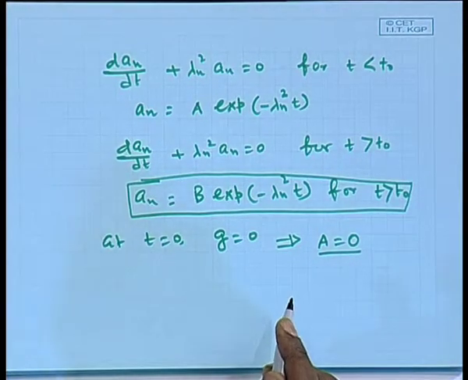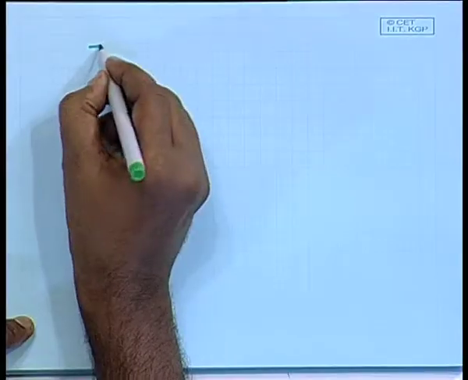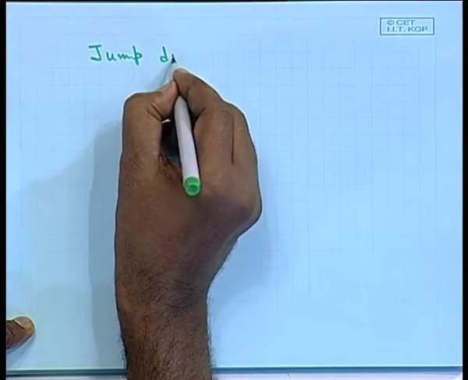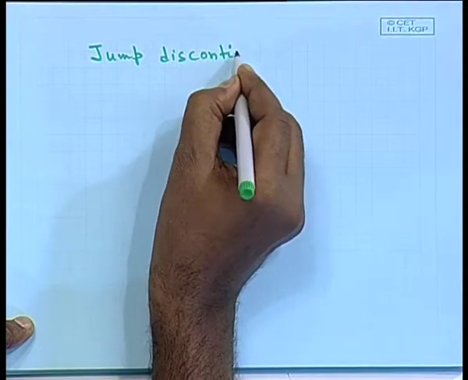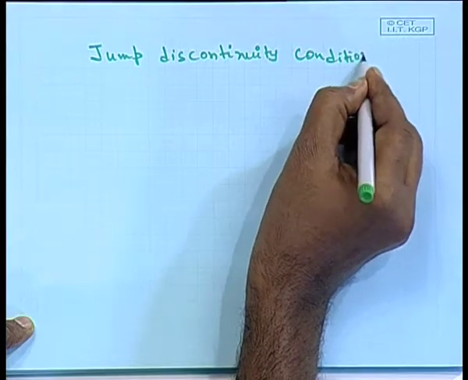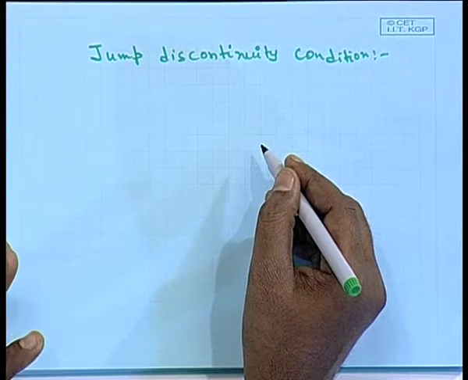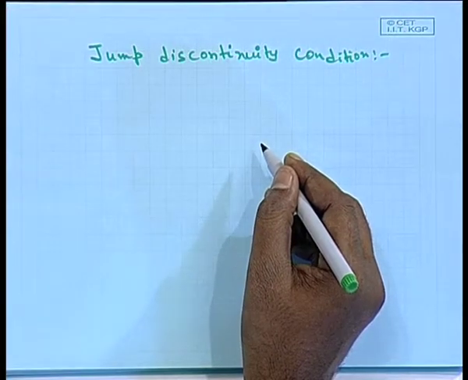Now, you do not know another condition on t, because you know only one condition on t at time t equal to 0. For that, you have to use the jump discontinuity condition. This is a condition which relates the derivative of the time varying part before t naught minus and t naught plus.